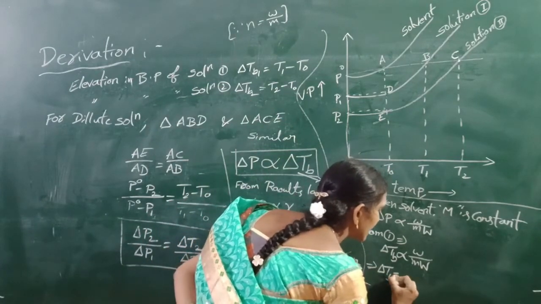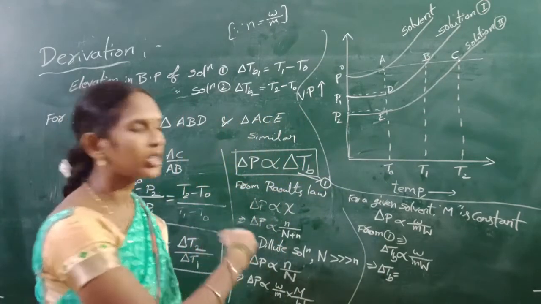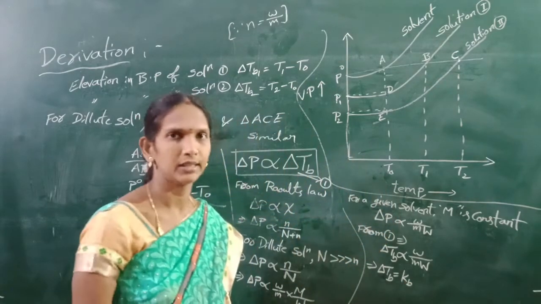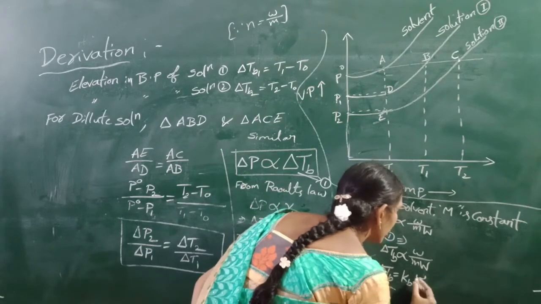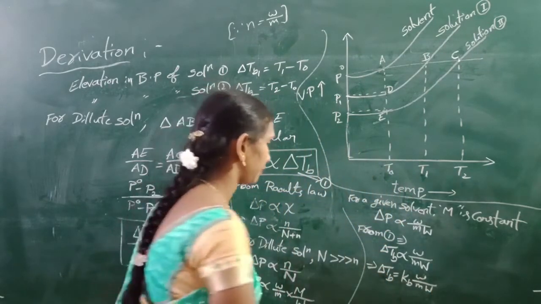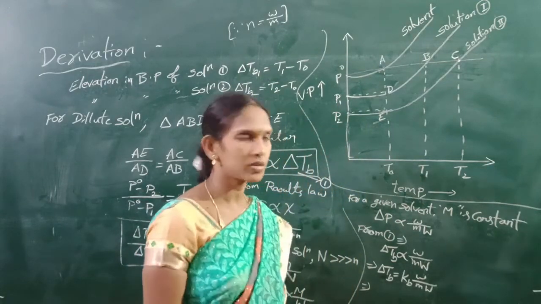Delta TB is equal to some constant. Some constant means this is for the boiling point, so Kb, the boiling constant, into small w by small m into capital W. We can multiply and divide it by 1000.